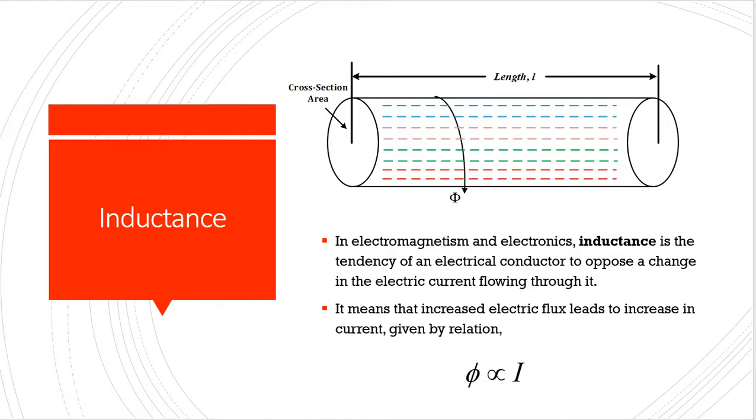By producing this current, it opposes the change in the electric current flowing through the circuit. It means that whenever the electric flux is increased, the electric lines of force also increase.